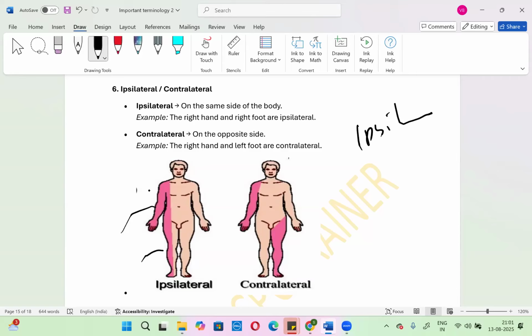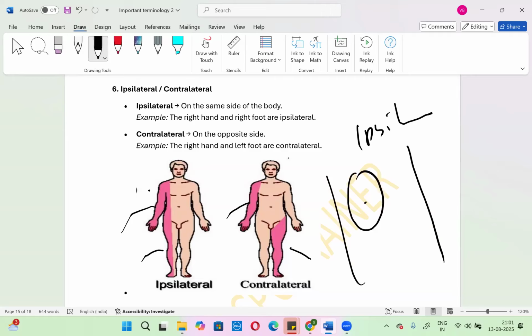What about contralateral? Contra means one side is the right side, the other side is the left side. Got it, right? In general, when you come across surgery coding, you will get this kind of terminology, ipsilateral and contralateral. Say the provider has done a breast biopsy.